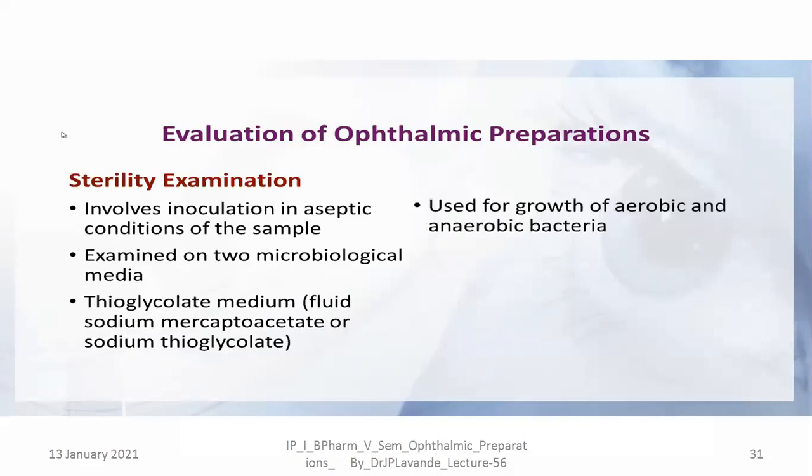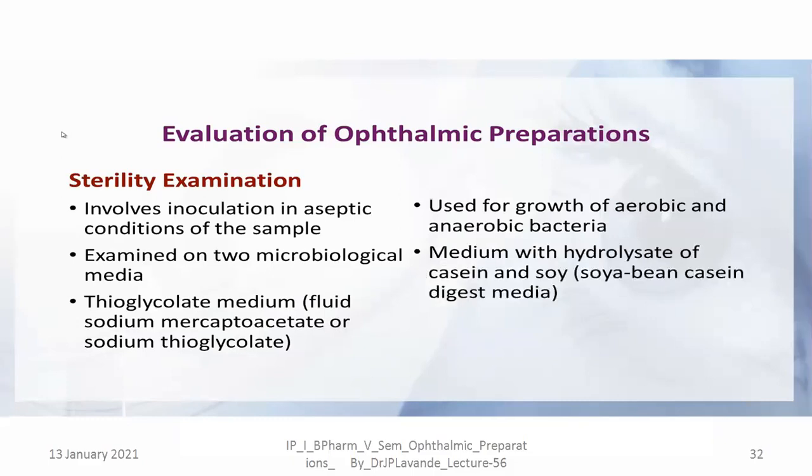The thioglycolate medium is used for growth of aerobic and anaerobic bacteria. The medium with the hydrolysate of casein and soy, that is the soybean casein digest medium, is to be used for the growth of aerobic bacteria and the fungi.